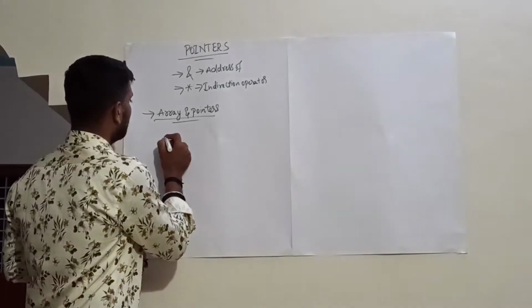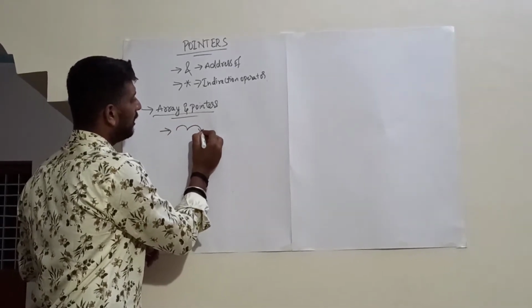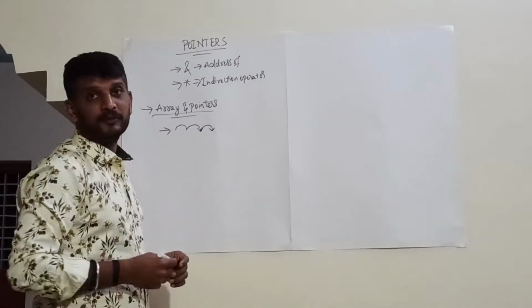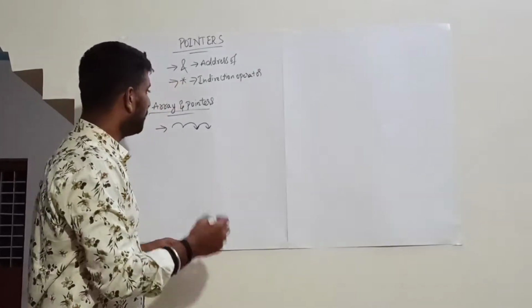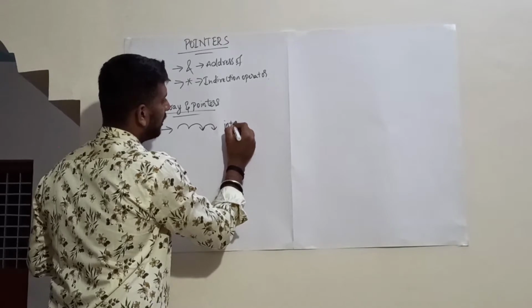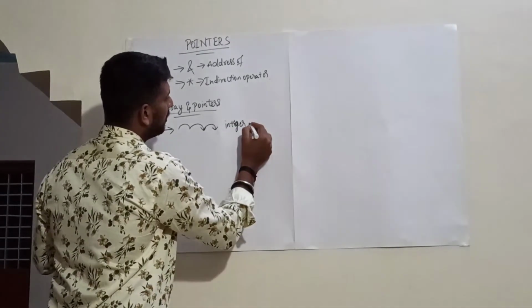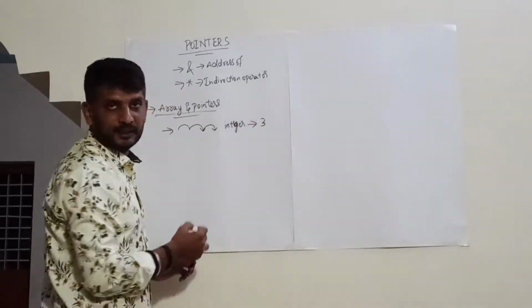So the first thing is the pointer gets incremented in the steps of the size of the variable. Suppose you are using integer variables.